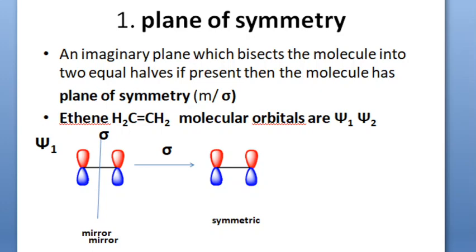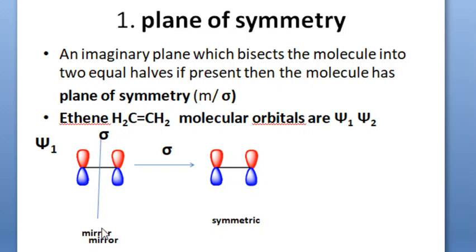In that, this is the plane that we are speaking of. This is the plane, the blue line that you can see. So this is the molecular orbital psi1, and here this is the positive side, you can imagine, negative, positive and negative, red, blue, red, blue, on the same plane. So you can say that it is bonding.